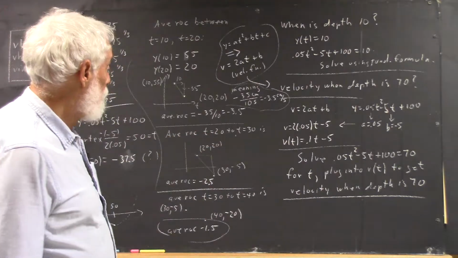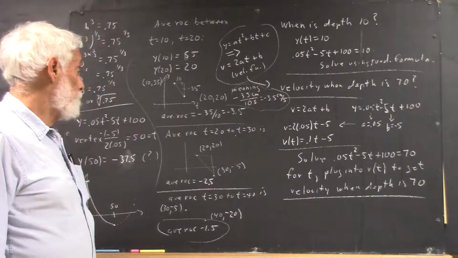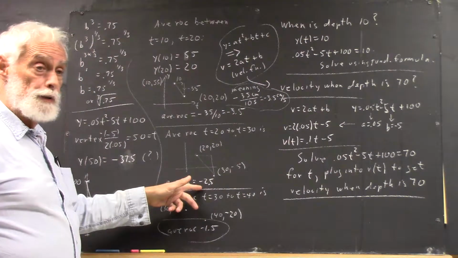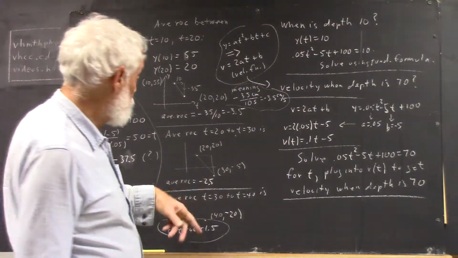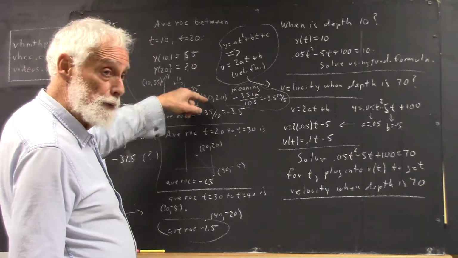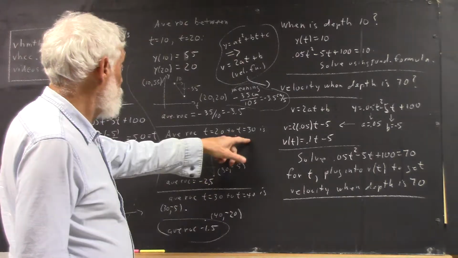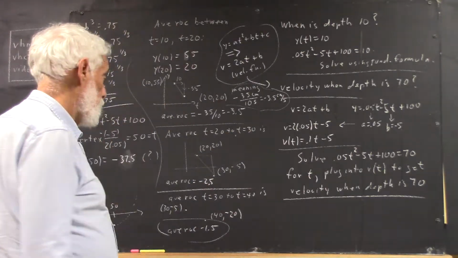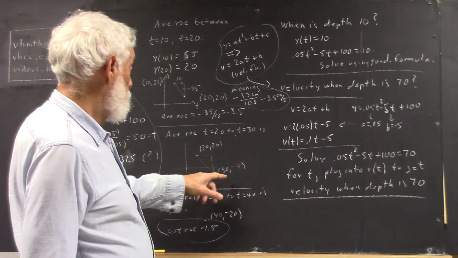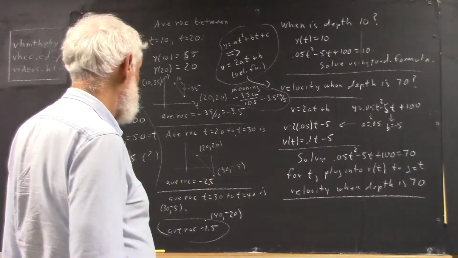The run is going to be, again, 10 seconds. And the average rate of change is going to be in centimeters per second. Well, at t equals 20, we get the point (20, 20), which we already had. At t equals 30, we can plug into the equation. We get, I believe, −5 for the y-coordinate. We get the point (30, −5).